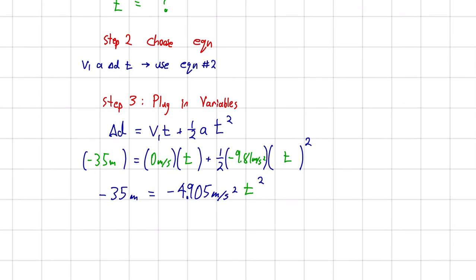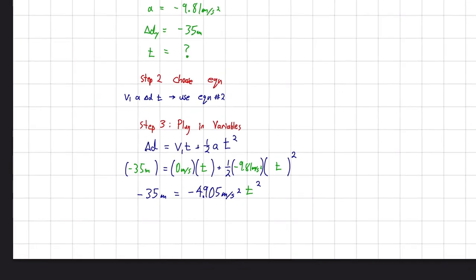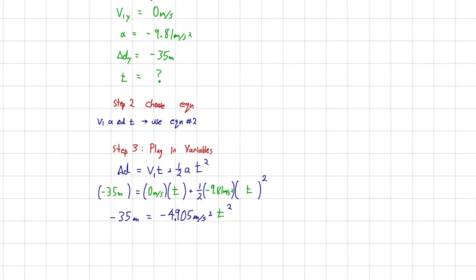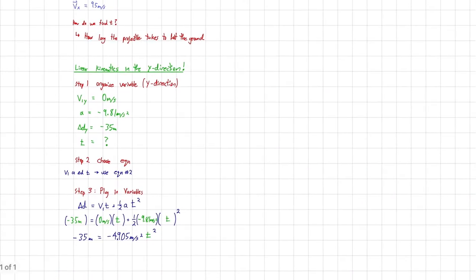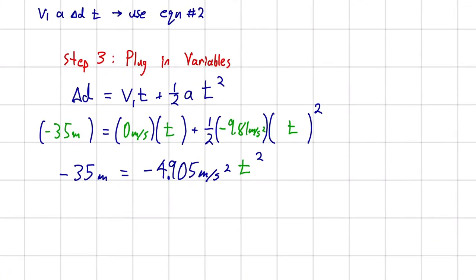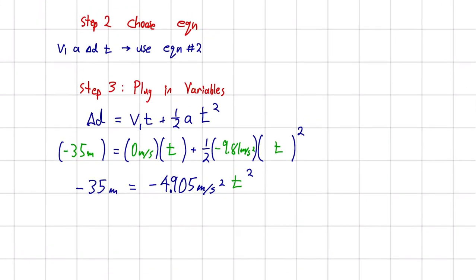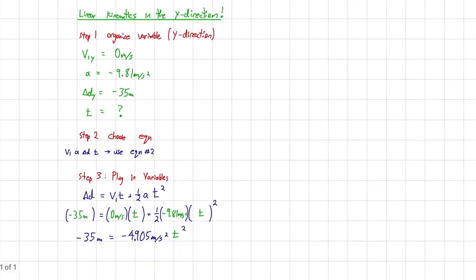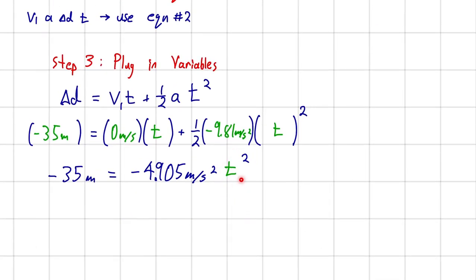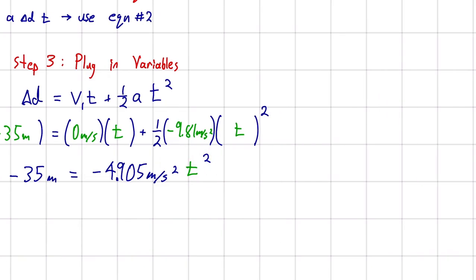All right. And now our next step is going to be to use the quadratic formula because we have a t squared. So that means we're going to have to use the quadratic formula to solve for t.